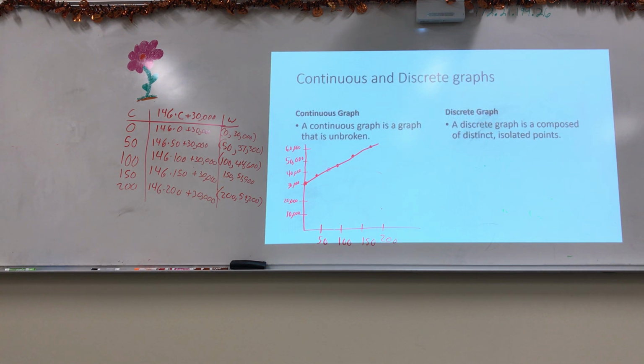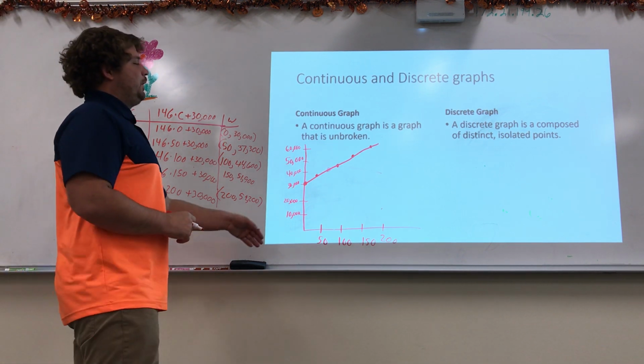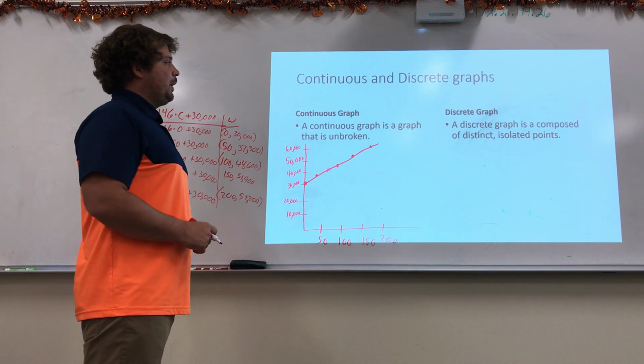Continuous and discrete graphs. A continuous graph is a graph that is unbroken. So, the way I made my graph right here, this is unbroken. Yes, I went up by big chunks, but I did not make a break.